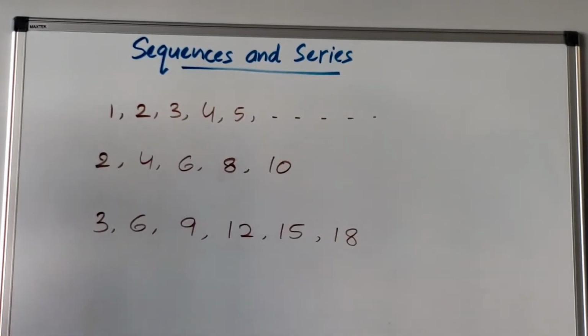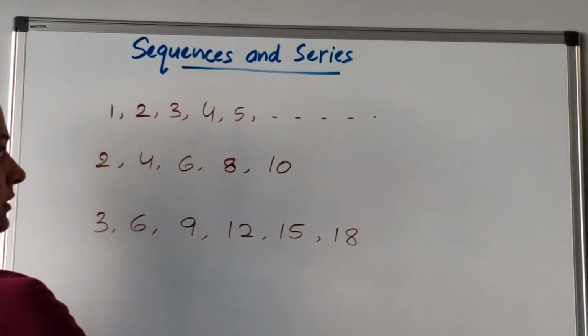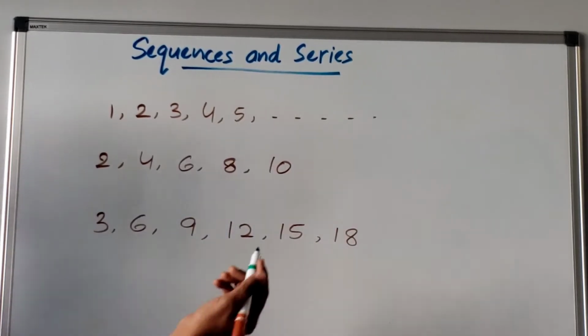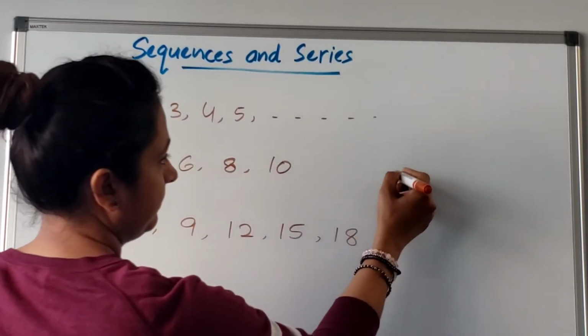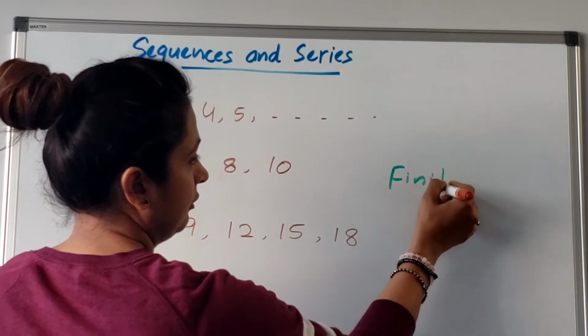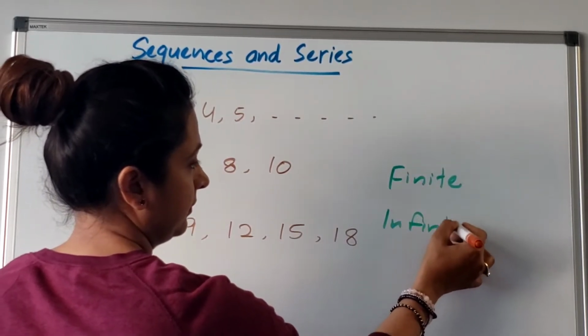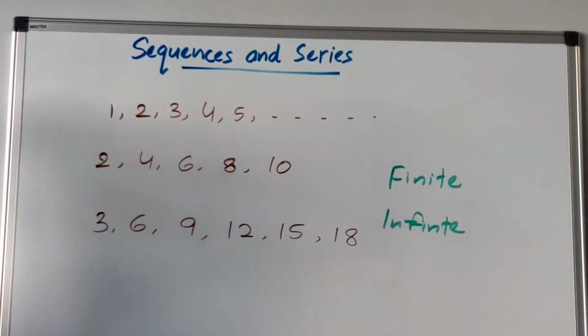Before we discuss in detail how sequences are dealt with, we need to remember some important terms that help us know more about these sequences. The terms that I'm talking about here are finite and infinite.